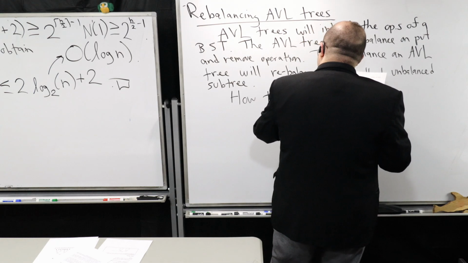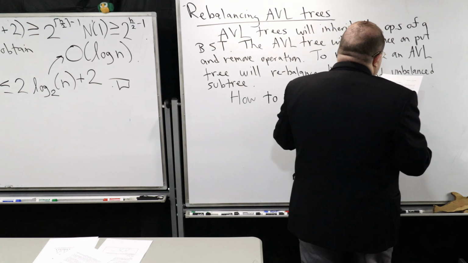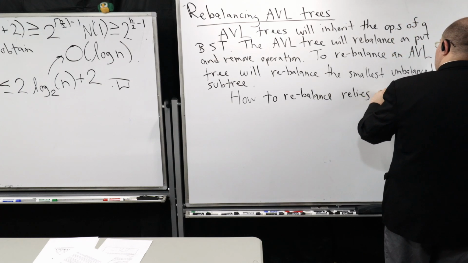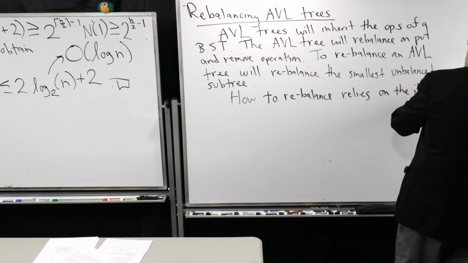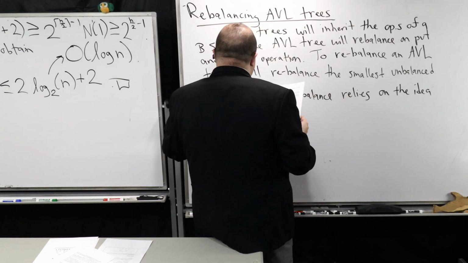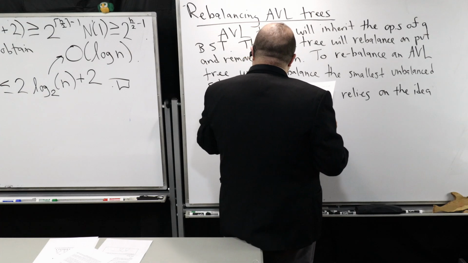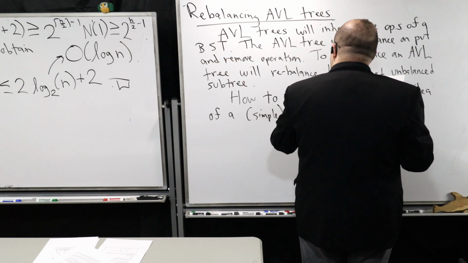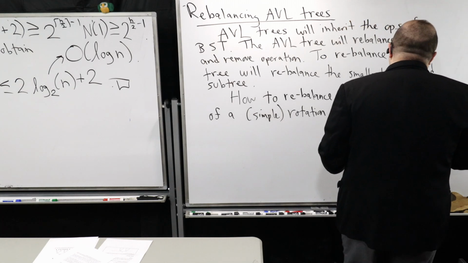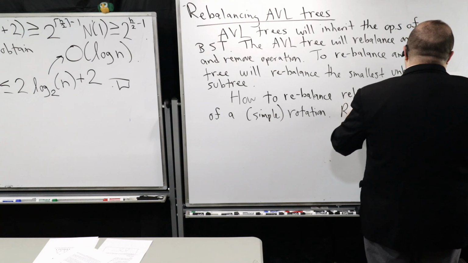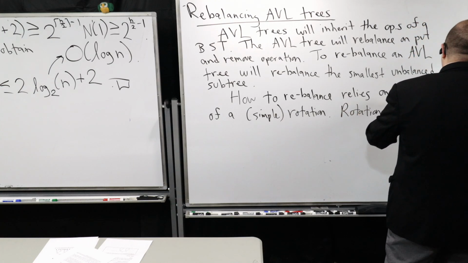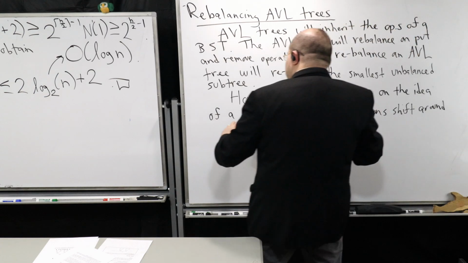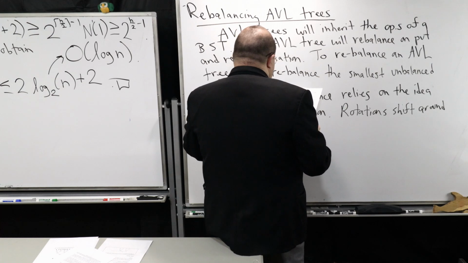So how to rebalance relies on the idea of a simple rotation. Often it's just called a rotation, but I'll refer to it as a simple rotation because we're going to have a couple other variants of the idea of a rotation. So rotations shift around the heights.